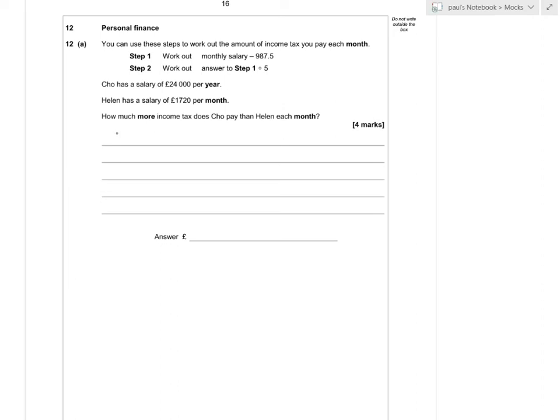So let's do Cho first. So Cho, he's got £24,000. That's a year, so we can divide that by 12, which equals £2,000 a month. Right, so we take away 987.5 from that. So 2000 take away 987.5, which equals 1012.50, 50 pence, yeah?